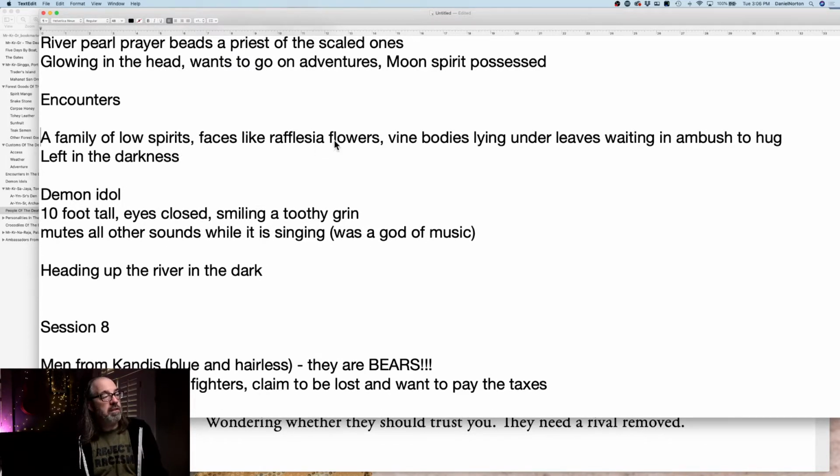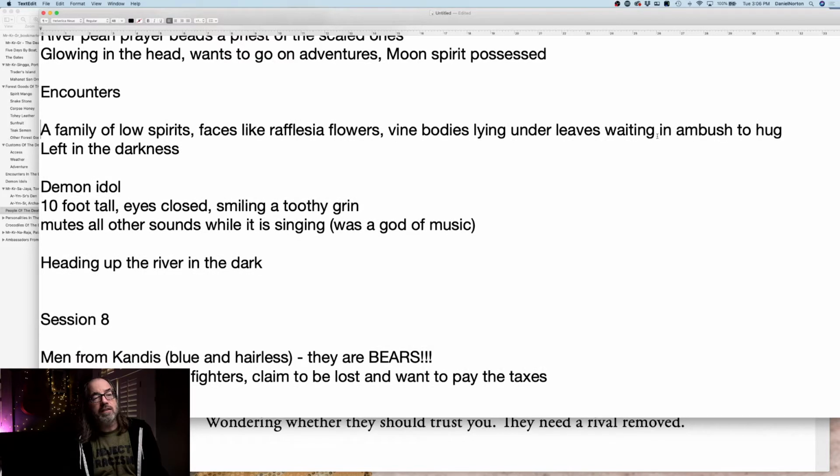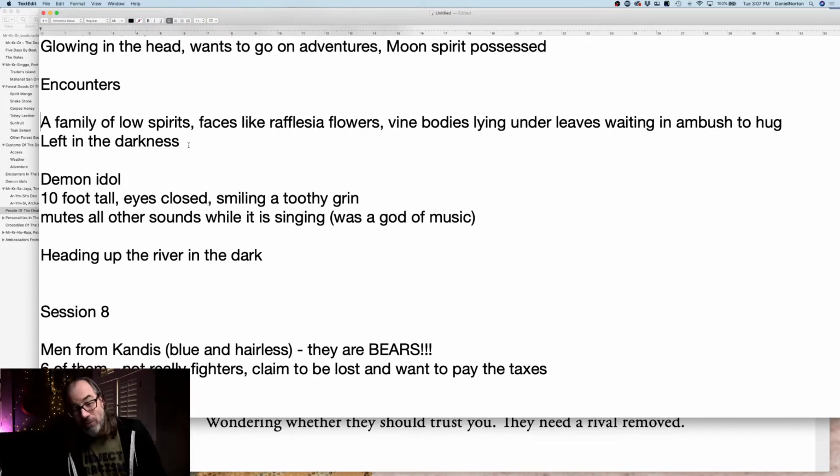A family of low spirits, faces like flowers, vine bodies laying under the leaves, waiting to ambush hug. So I ran them as this kind of creepy, I need affection, because they use the word hug.